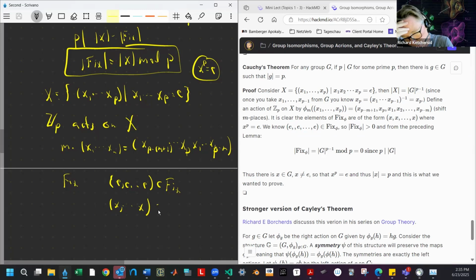If x1 through xp is in fix, then x1 equals x2 equals, through xp. So in particular, I would have that x to the p is equal to e. Remember, those are the things that are in the set X. So these would have to all be the same, and to be in the set, x to the p is equal to e.